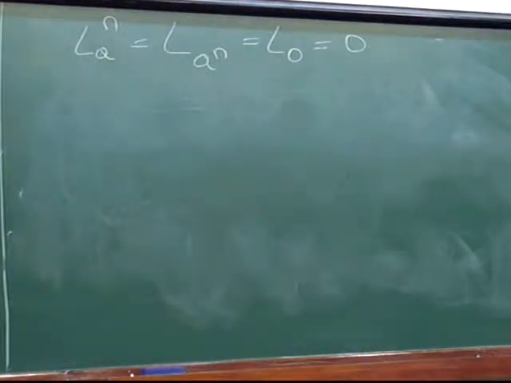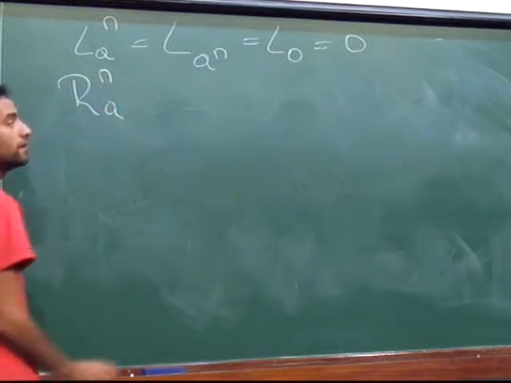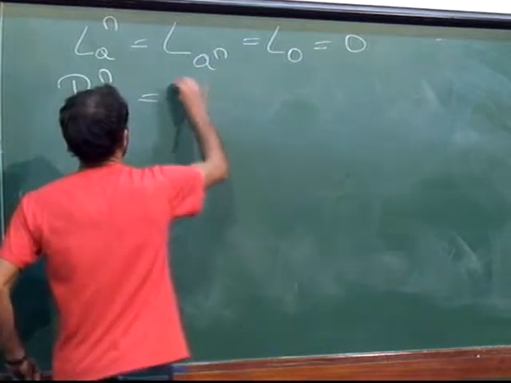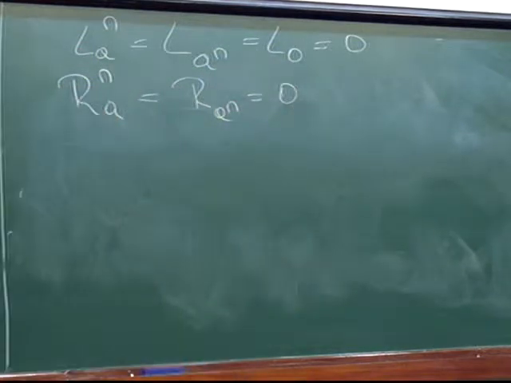The same thing for right multiplication to the n. This is just right multiplication by A to the n, and this is 0. So I have two nilpotent operators, and I want to claim that their difference is nilpotent.